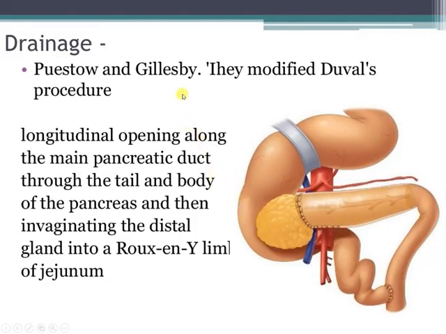Puestow and Gillespie modified Duval's procedure: a longitudinal opening along the main pancreatic duct through the tail and body of the pancreas and then invaginating the distal gland into the Roux-en-Y limb of jejunum.